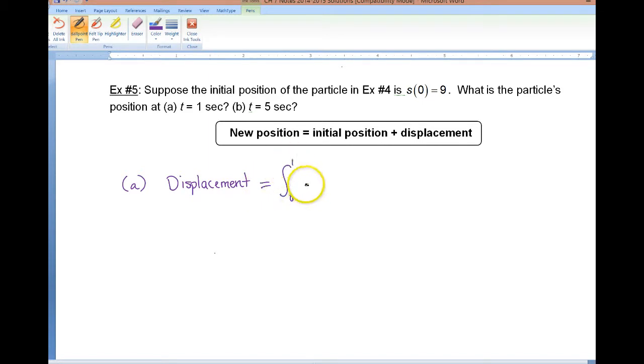From 0 to 1, it was the integral of t squared minus 8 over t plus 1 squared dt. I want to just do the displacement for this. You could solve this by hand.